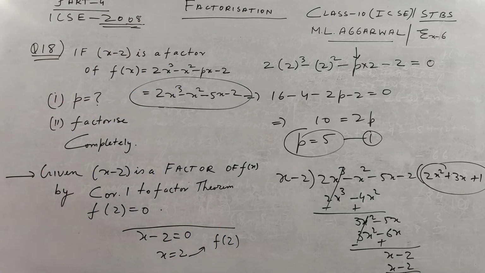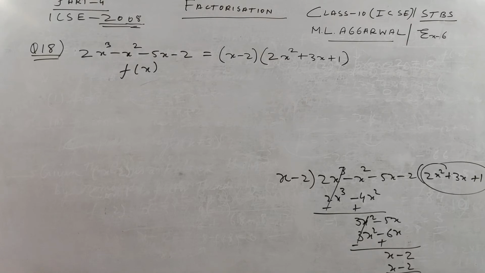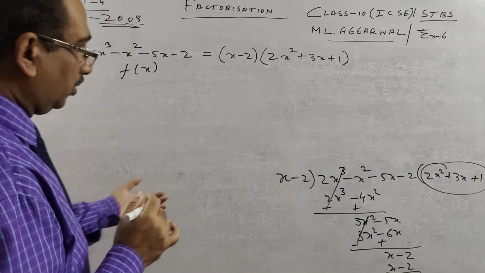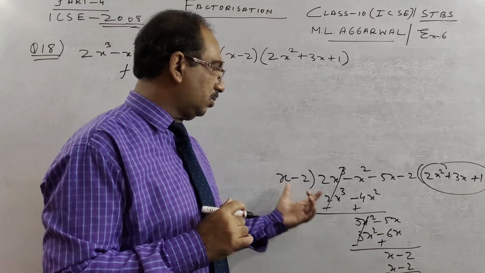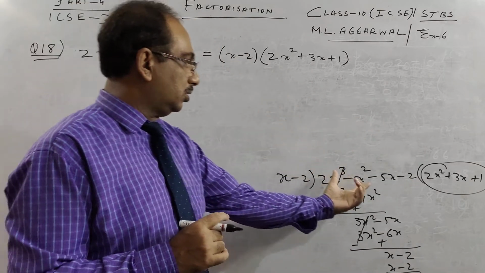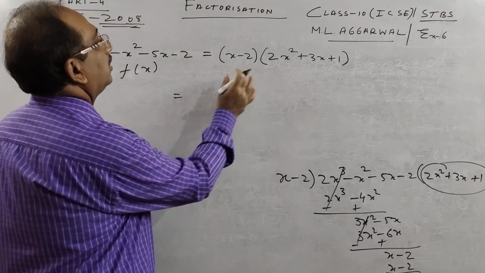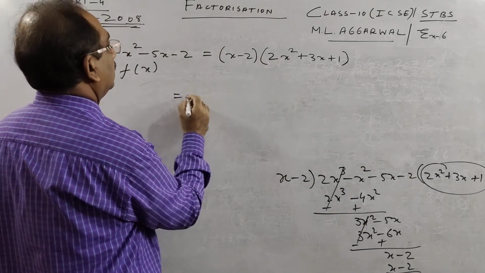So our quotient is this. So kindly pause the video and copy, then we move on to the final step. Now we move on to the final step, children. So you see, when the remainder is 0, the dividend is divisor into quotient. So this is this into this. So finally we need to break this.